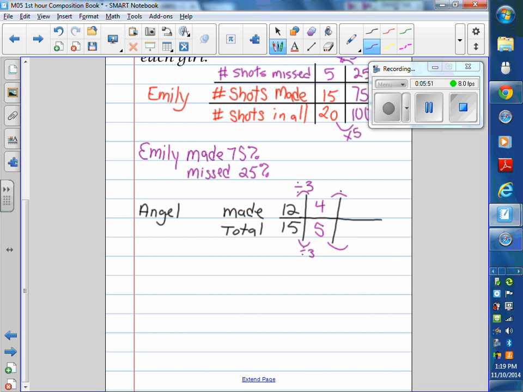Yep, multiply. 5. How many 5s go into 100? Right? 20.